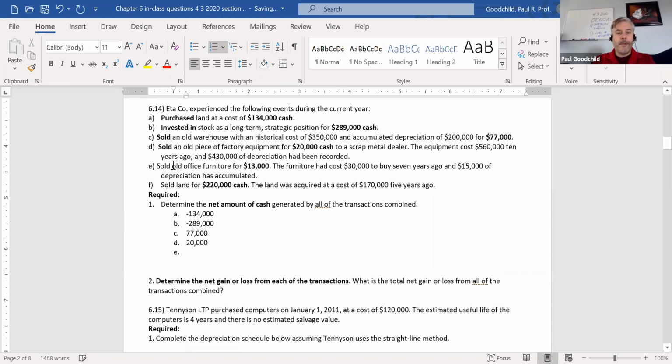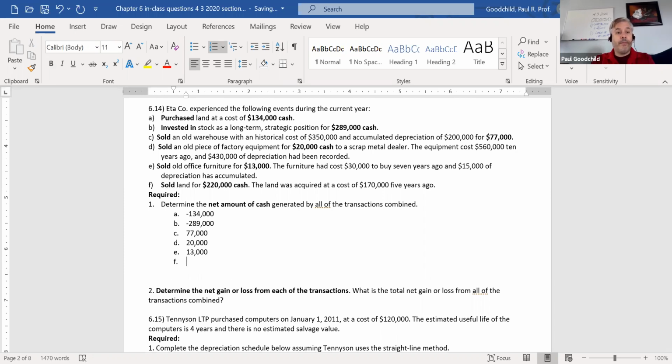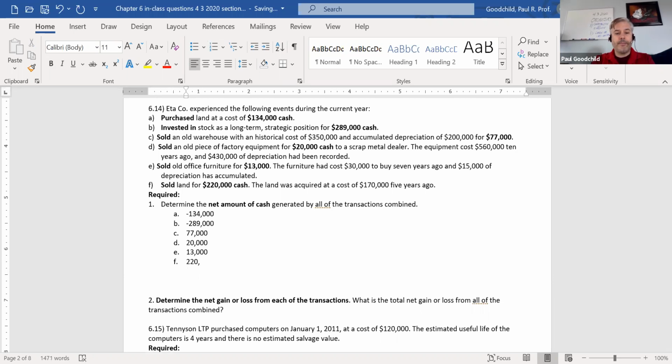E and F are sold and sold, so 13,000 and 220,000.